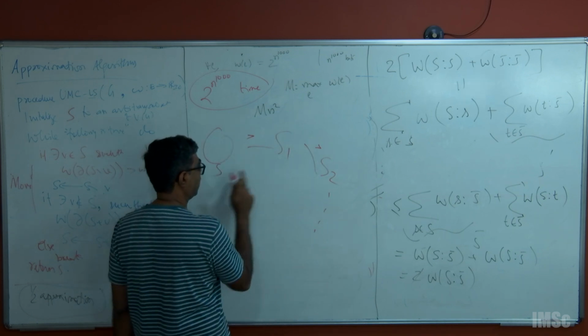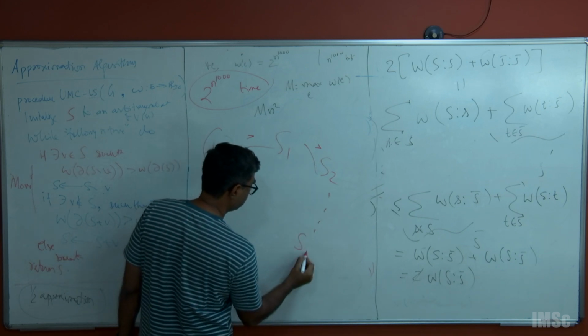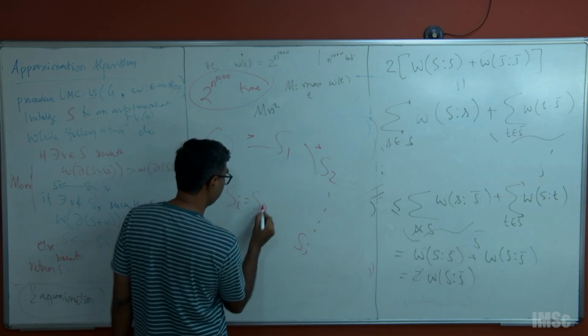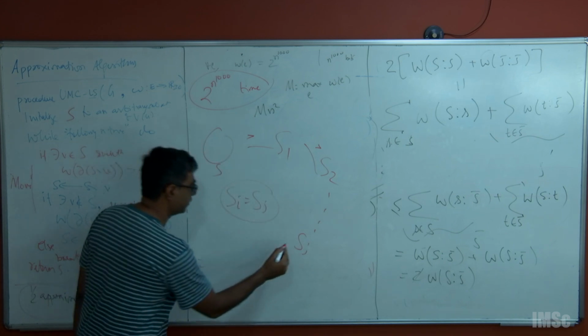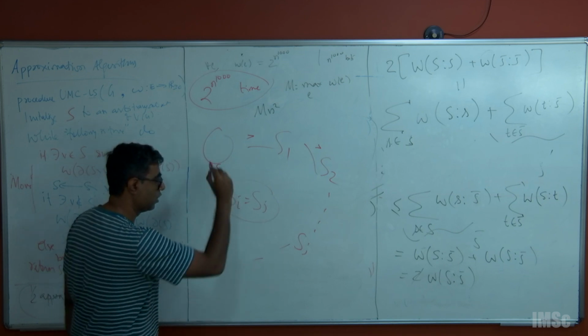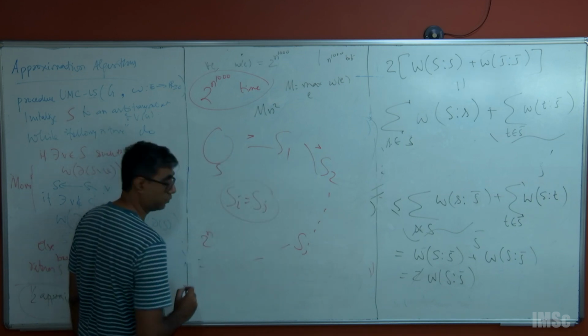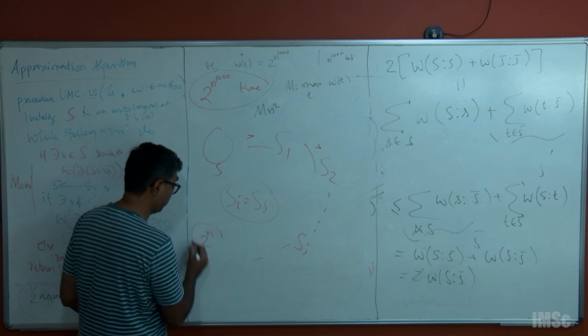So is it possible that in this loop I will get some Si which is equal to Sj? Is it possible? This means every time I am encountering different sets, which means the total is 2 power n.